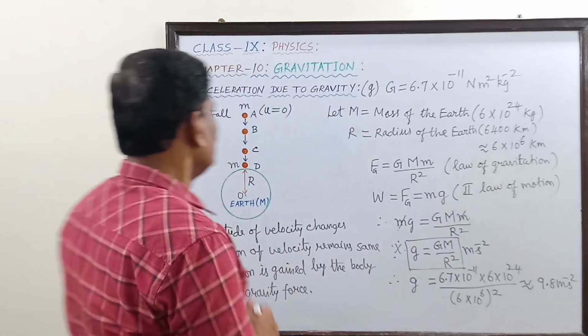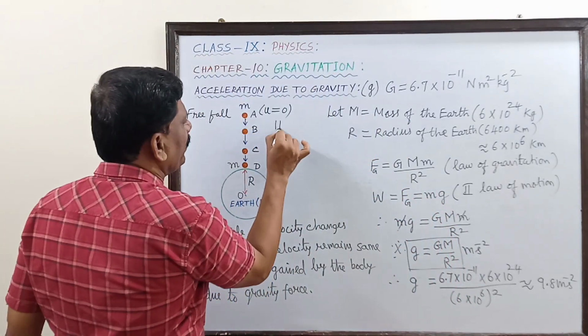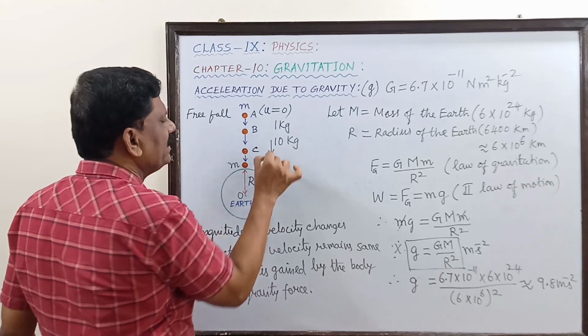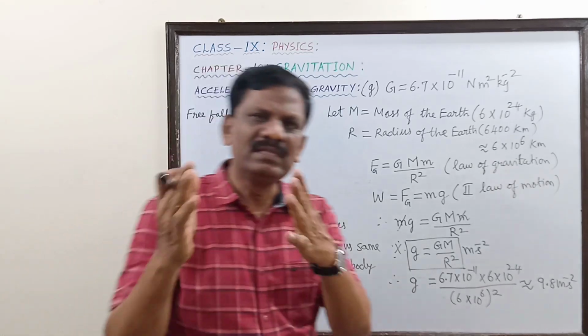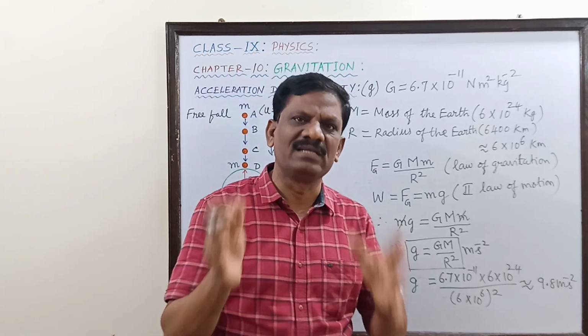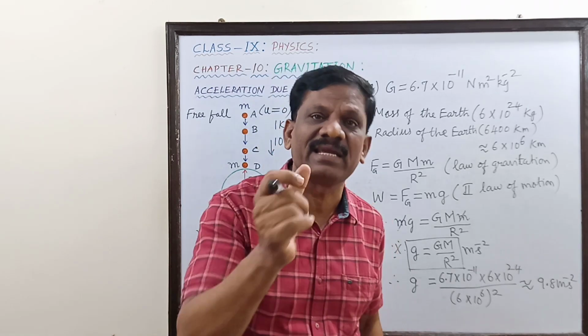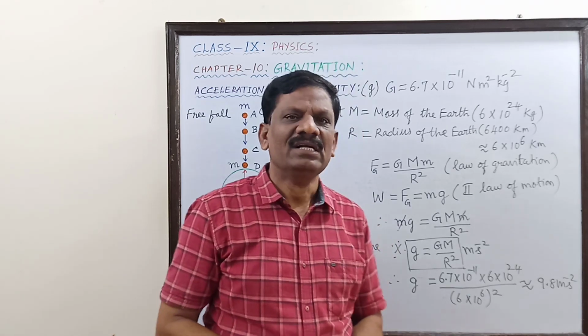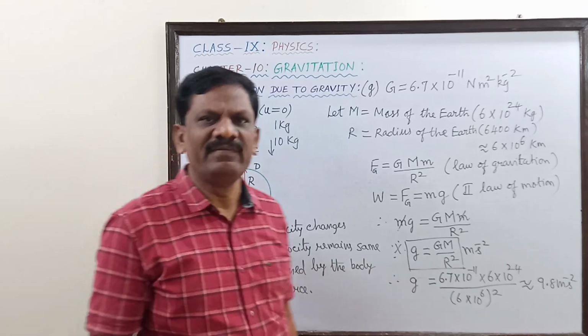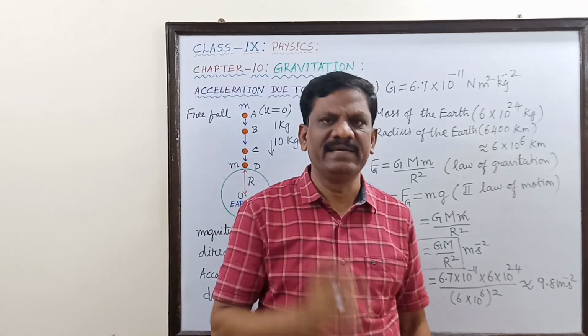That means if a mass of 1 kilogram is falling or 10 kilogram is falling in the downward direction, both these masses will have the same acceleration due to gravity, because it is a constant for an elephant as well as a cat. Understand?